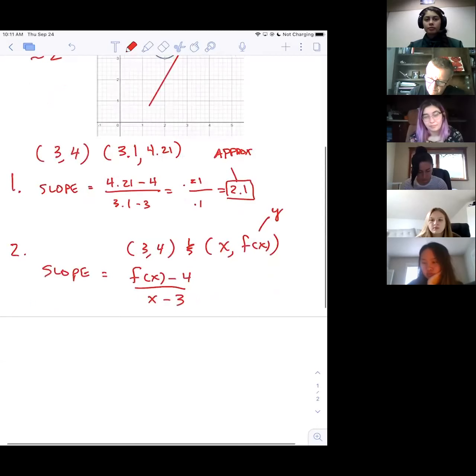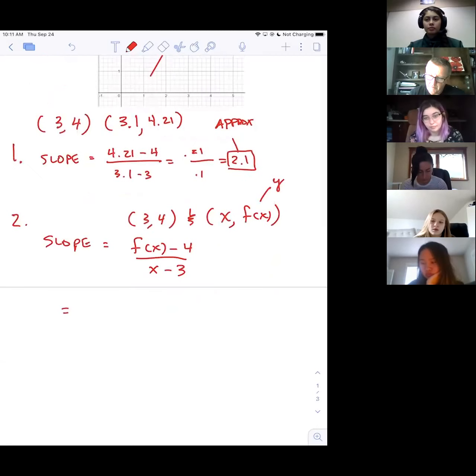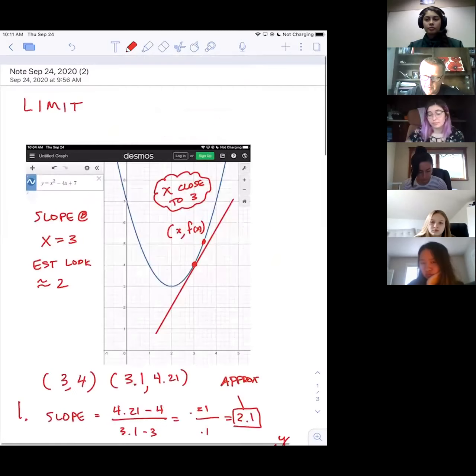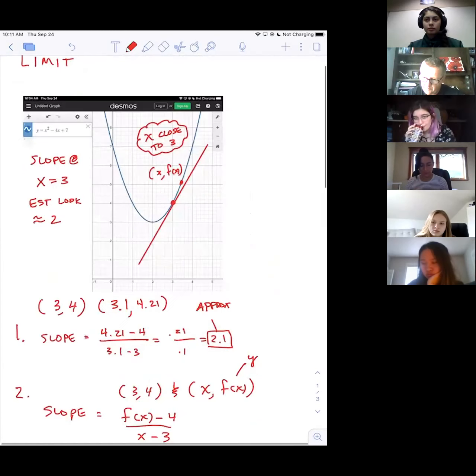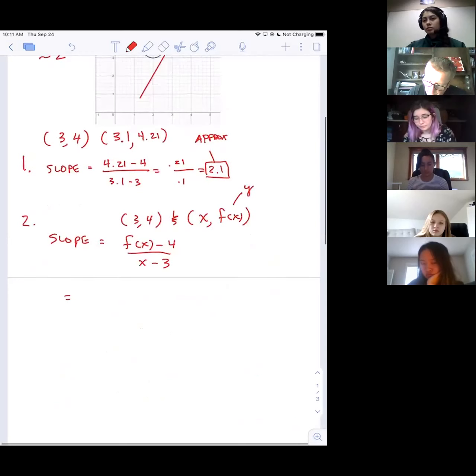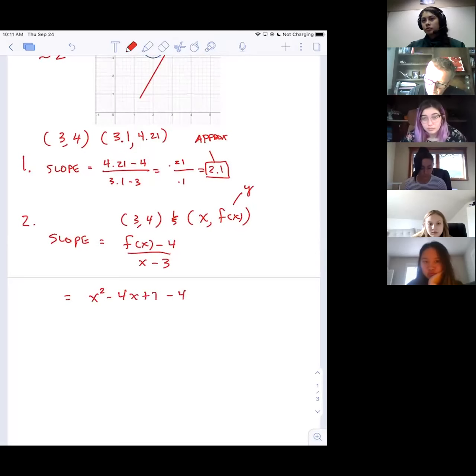Well, would you also agree that f of x is equal to x squared minus 4x plus 7? Couldn't I at least replace that? So x squared minus 4x plus 7, there's f of x, and then there's the minus 4. So just so the notes look awesome, isn't that f of x?